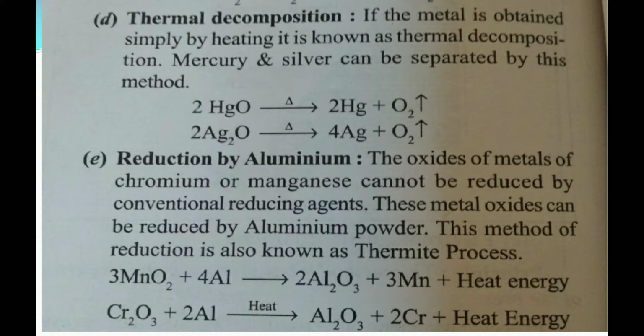MnO2, manganese dioxide, plus aluminum gives Al2O3 plus manganese plus heat energy. Another example is chromium oxide, Cr2O3, plus aluminum, upon heating, gives Al2O3 plus chromium plus heat energy.